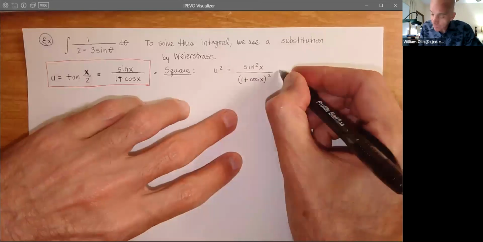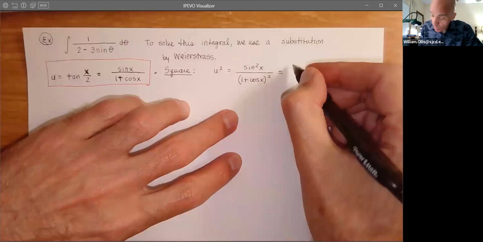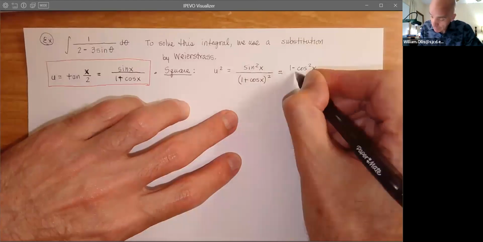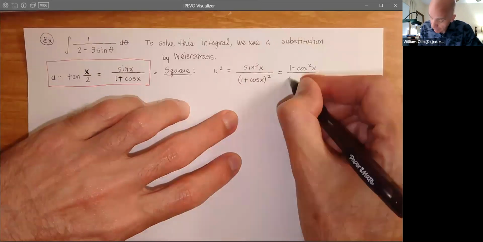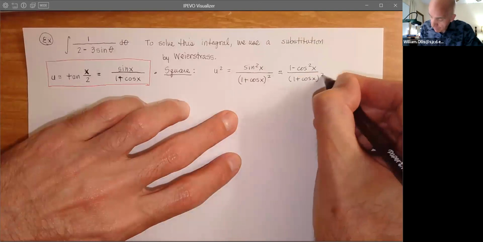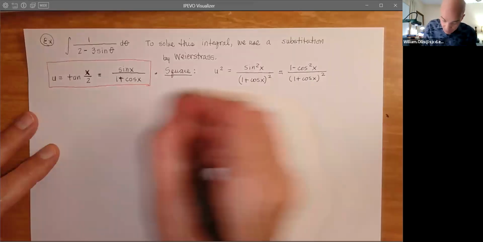So now we say that sine squared is just what? 1 minus cosine squared, the fundamental identity. And now, of course, we can factor the difference of two squares.